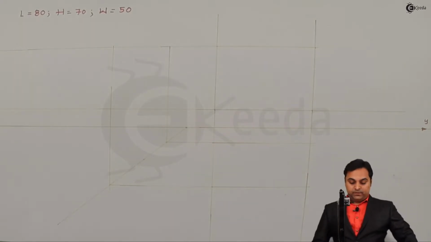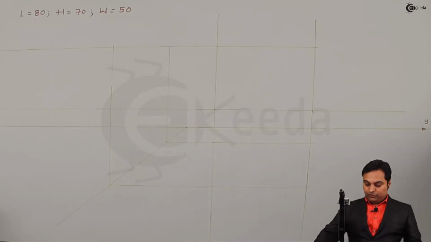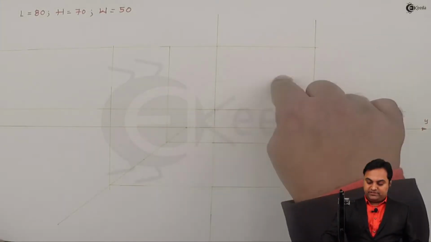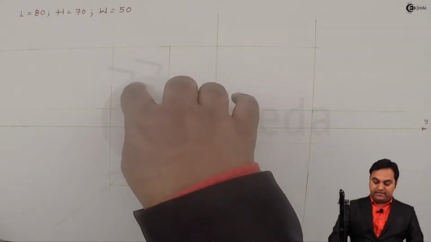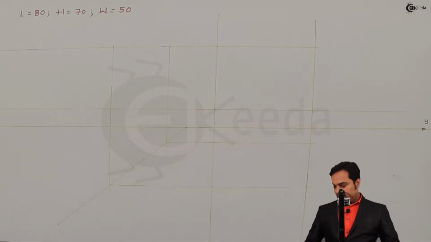Now, here is the rectangle inside which I am going to draw the side view. So once we have understood where to keep the spacing, front view will be in this rectangle, top view will be here, and side view over here. We can start drawing the solution.